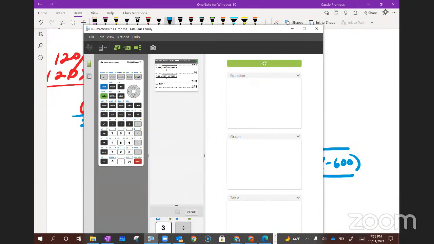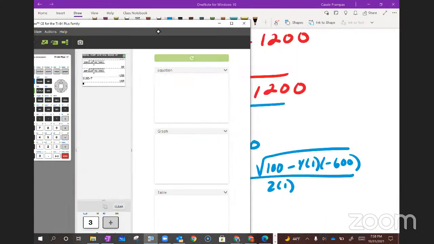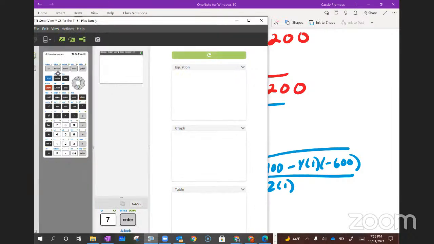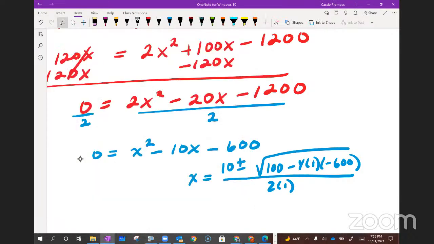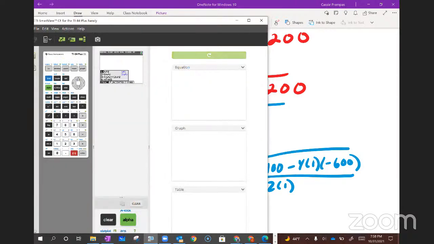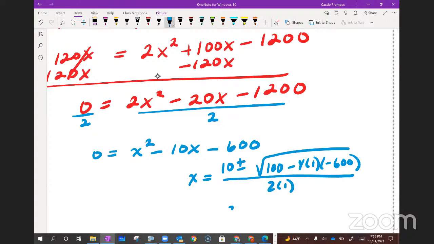So 10 plus or minus the square root of 100 minus 4 times negative 600, all over 2, which will give me 30. So it looks like 30, and I bet you the other one's negative 20.